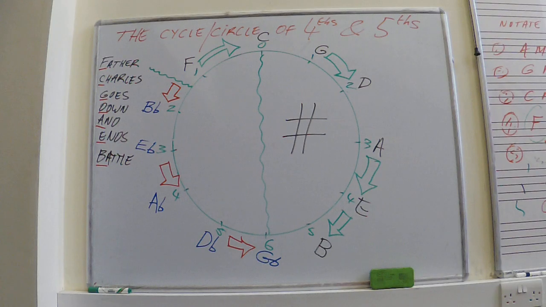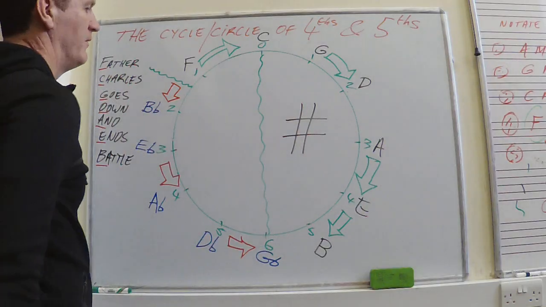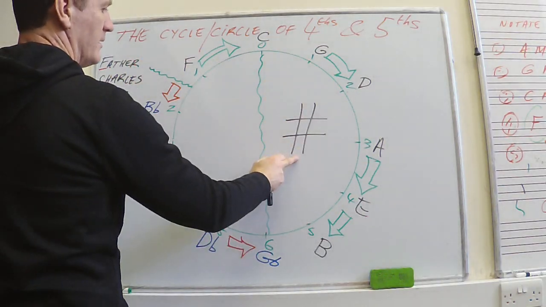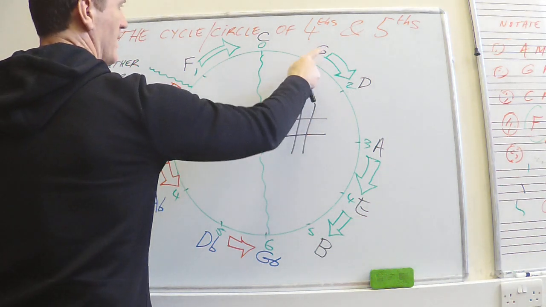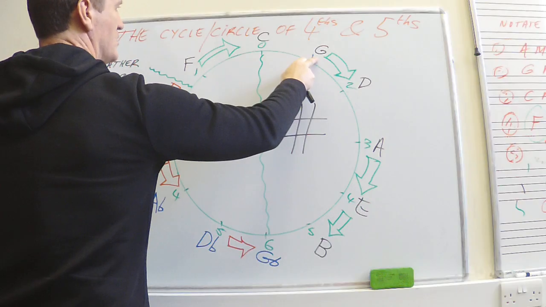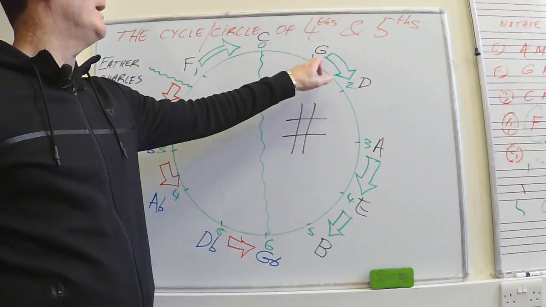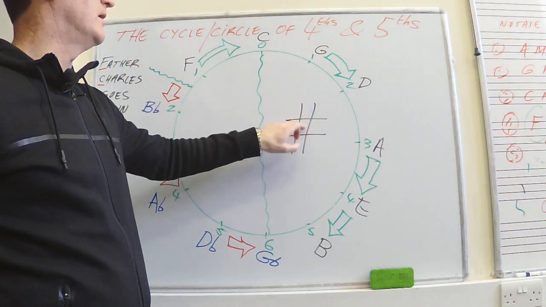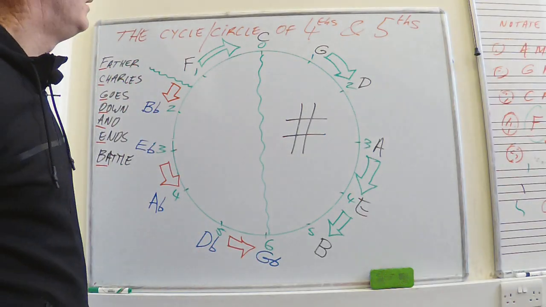And you're going to find out what those sharps and flats are by using this cycle of fourths and fifths. So what this sharp symbol is saying is that G, for example, is in the 1 o'clock position. So what? Well, the scale of G major has 1 sharp in its key, and you'll find out what that sharp is pretty soon.